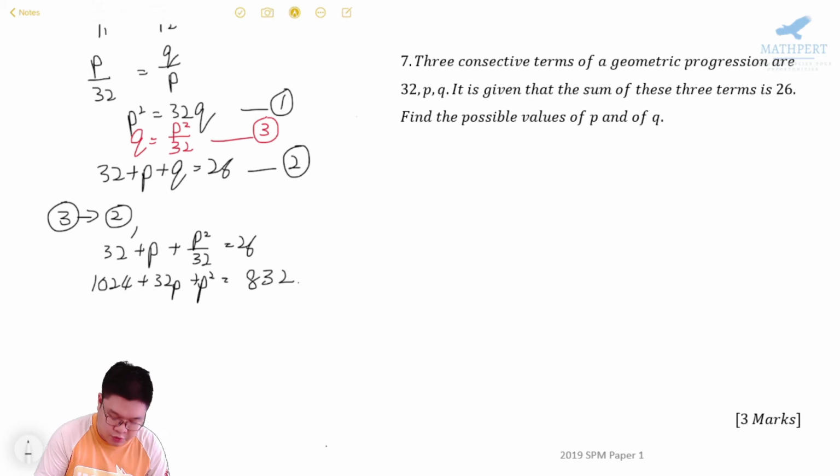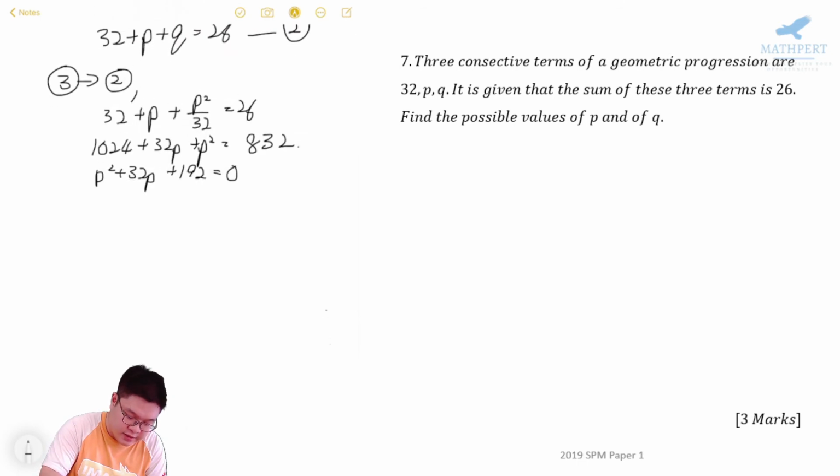And then we rearrange it. Rearranging this equation, we will get P squared plus 32P plus 1024 minus 832, I'll get 192. So we get P squared plus 32P plus 192 equals 0. So we can factorize it.